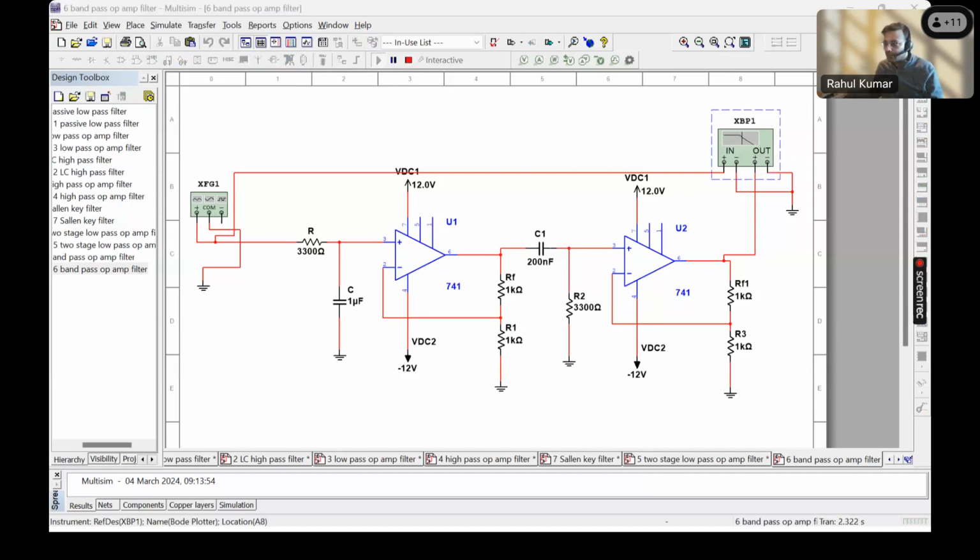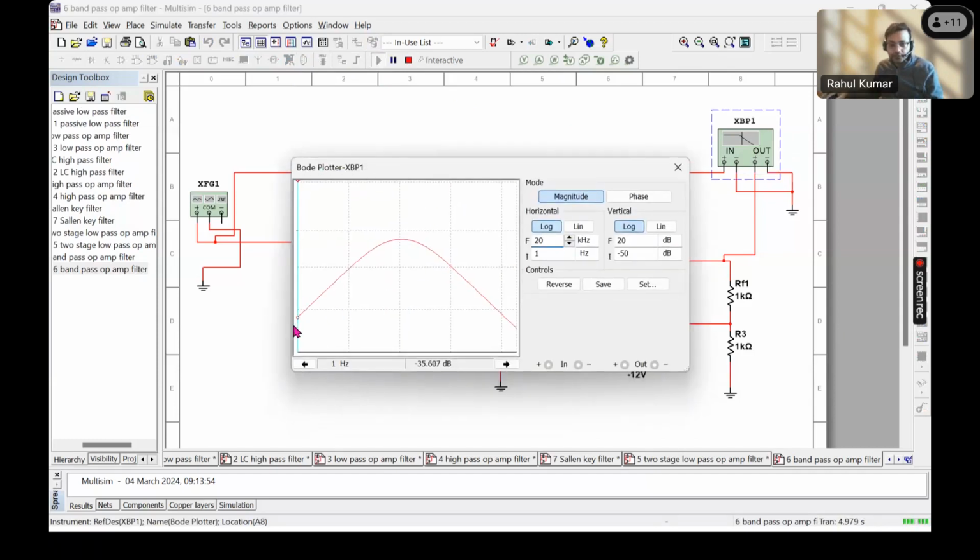And so that's your band pass filter. It will allow a specific range of frequencies, and reject any frequency above or below that range. Okay, so this is your response.